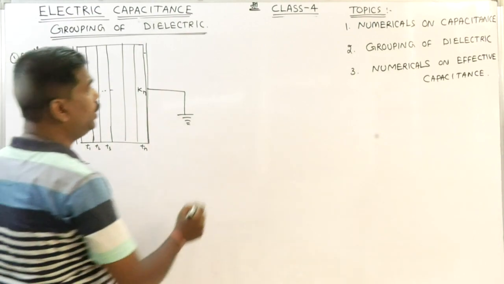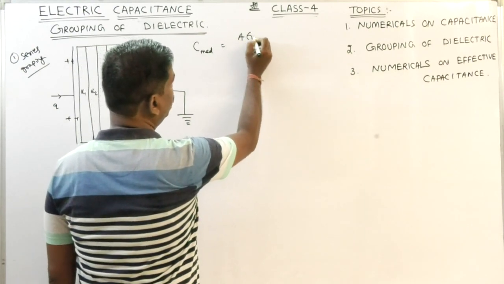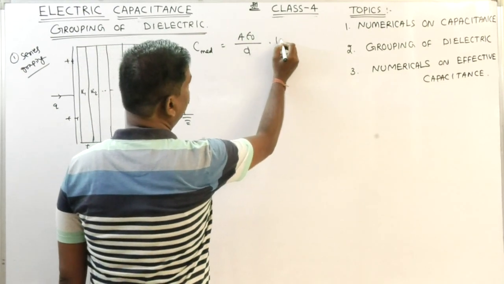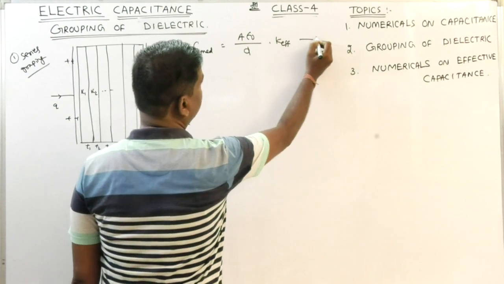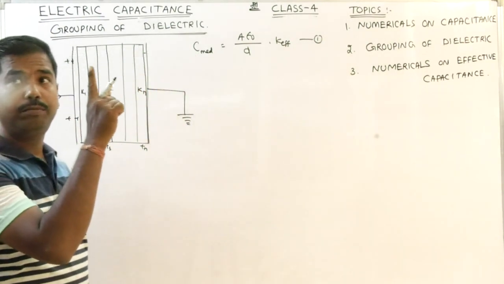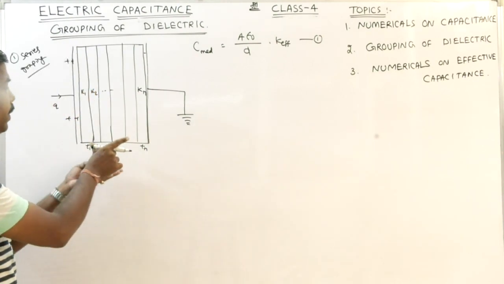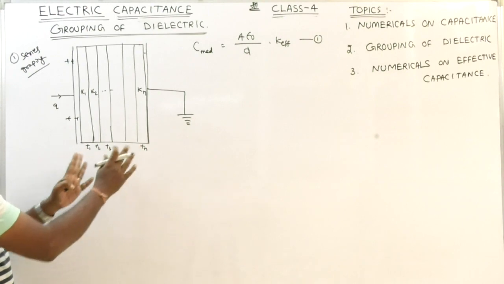Clear? As we know, capacitance in a medium is A epsilon 0 by D into K effective if there is only one dielectric. Let there be different dielectrics of thickness T1, T2.